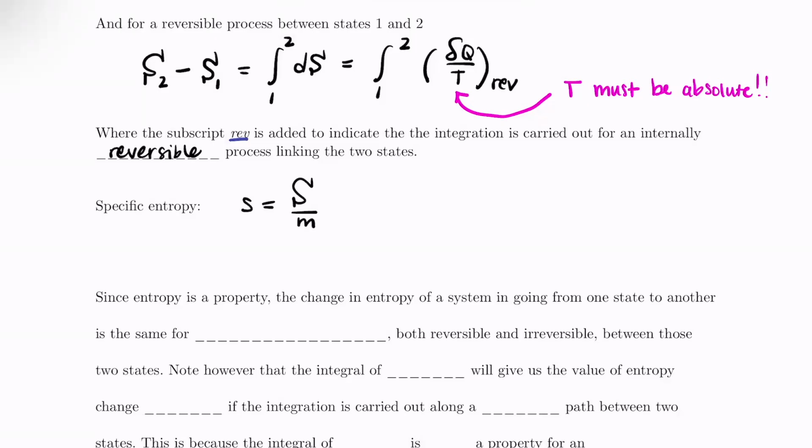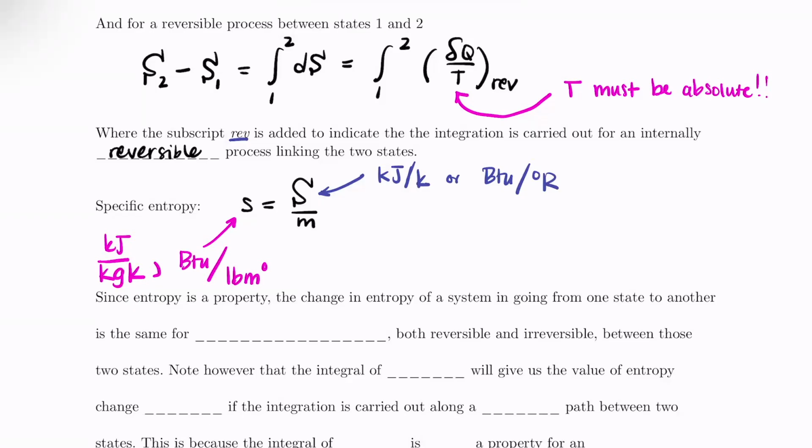And the units for entropy are kilojoules per Kelvin or BTU per degree Rankine. And the units of specific entropy are kilojoule per kilogram Kelvin, or BTU per pound of mass, degree Rankine.